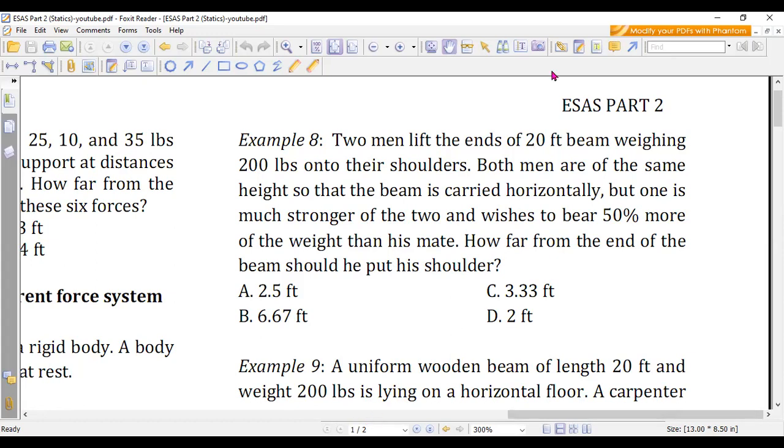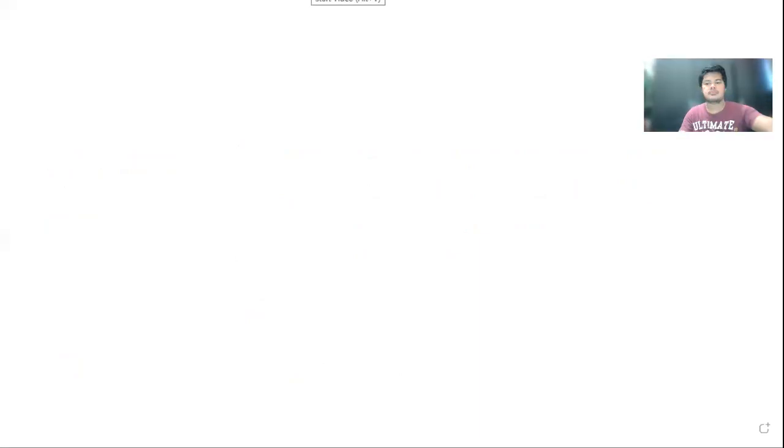Okay, let me share. According to the problem, there is a beam.